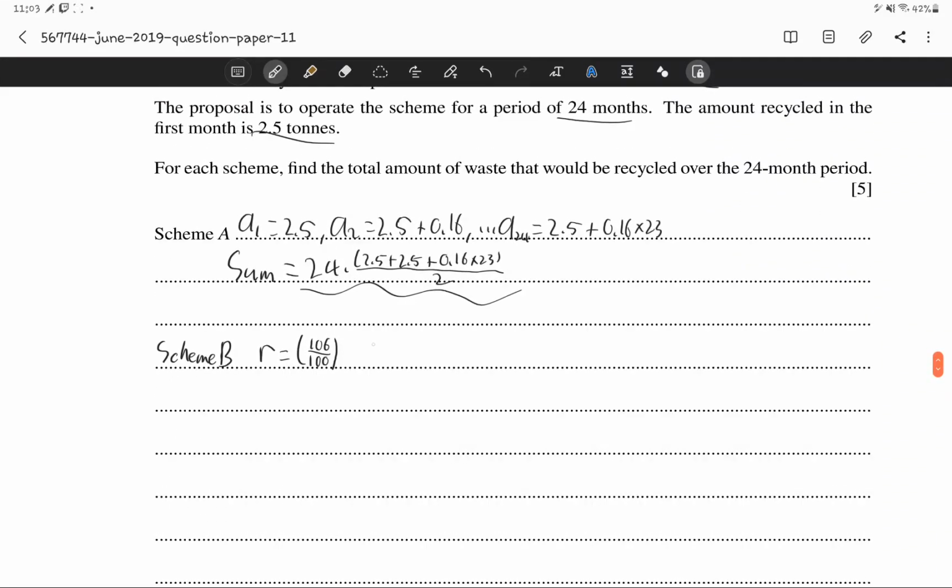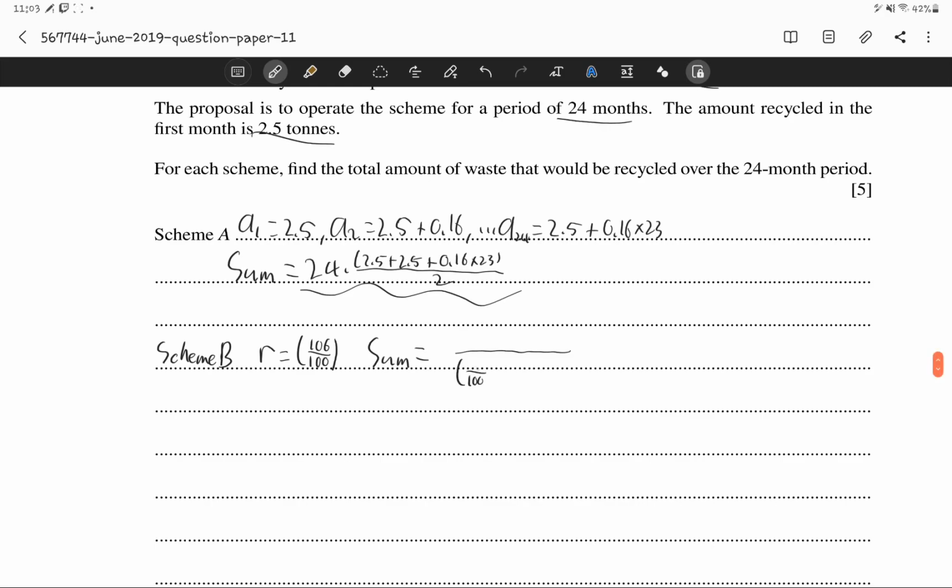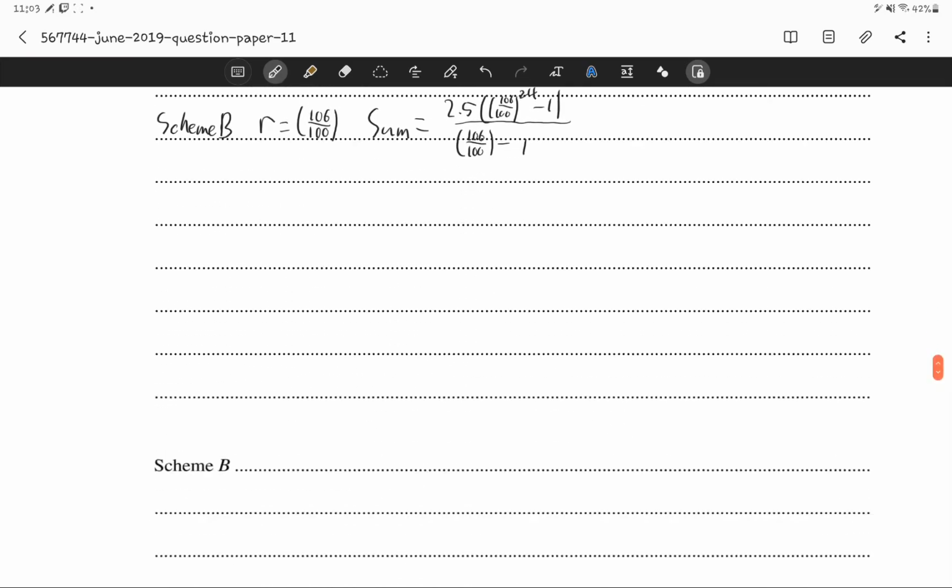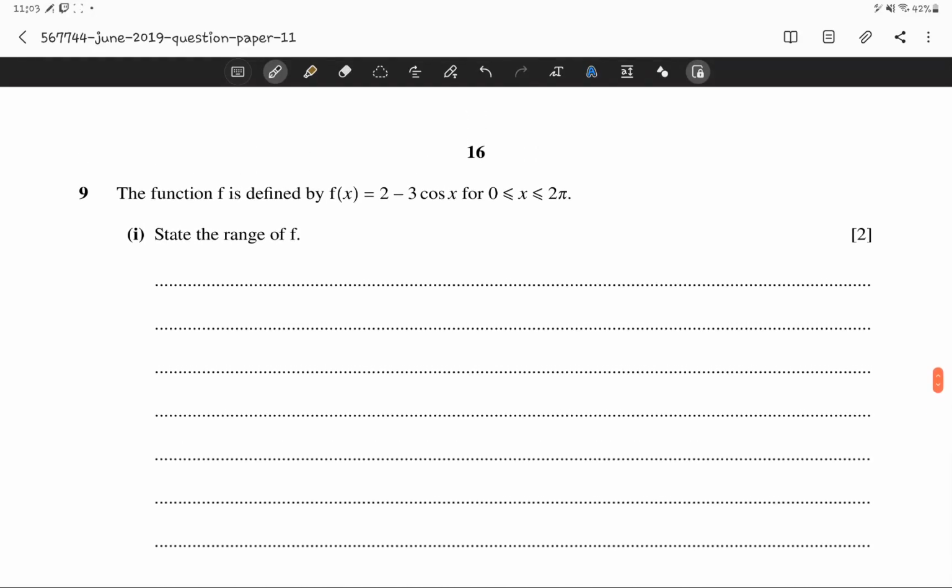So this sum would have to equal 106 minus 1, and then the first one, and then to the power of 24 minus 1, yeah. If you calculate that, but do you have to calculate that? I'm not sure. I don't know how to answer these tests.